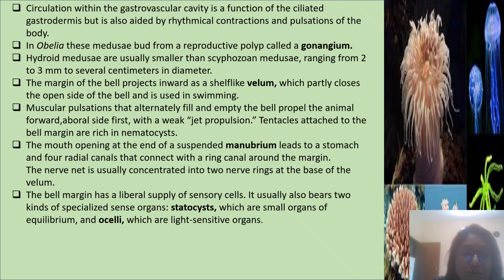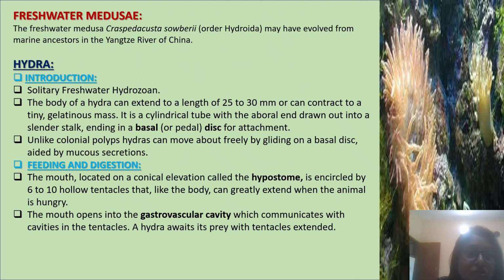It usually also bears two kinds of specialized sense organs: statocysts, which are small organs of equilibrium, and ocelli, which are light sensitive organs. Next, freshwater medusa. The freshwater medusa, that is Craspedacusta sowerbii, may have evolved from marine ancestors in the Yangtze River of China.